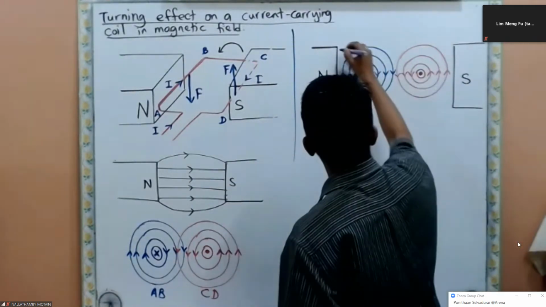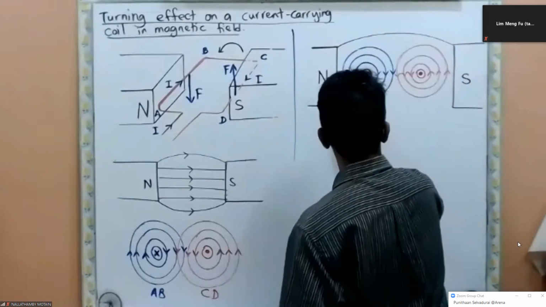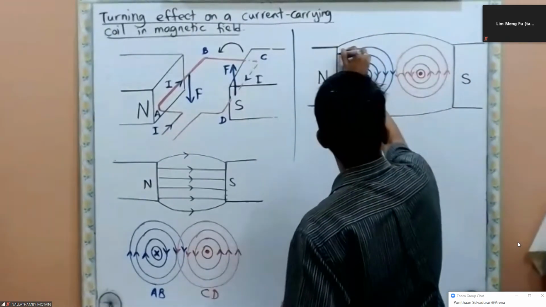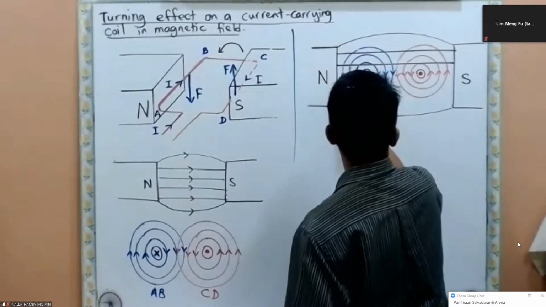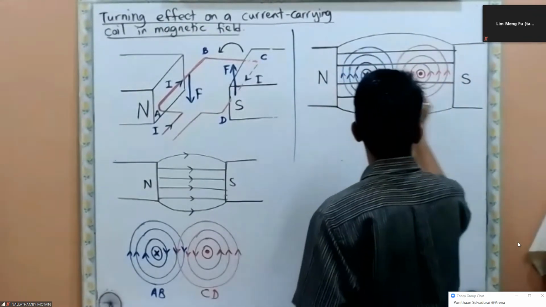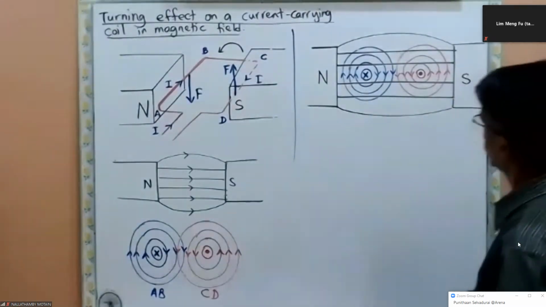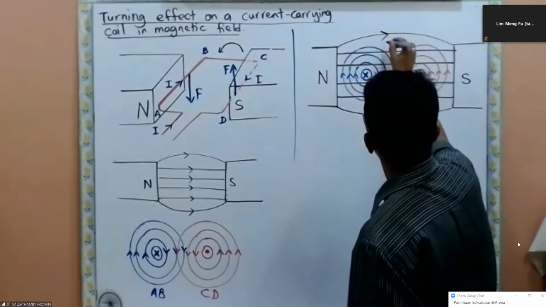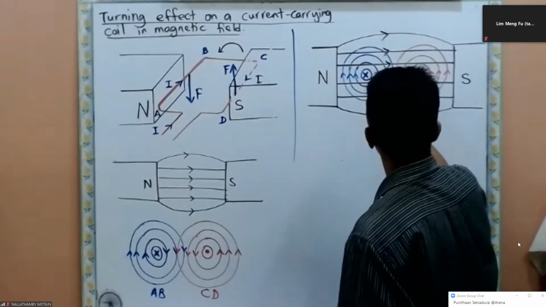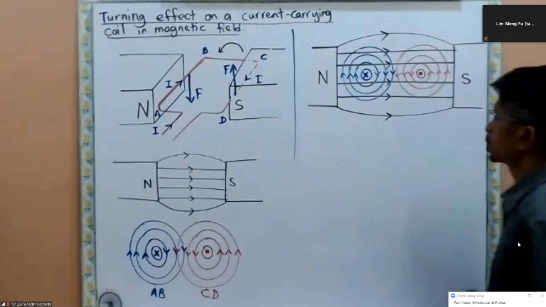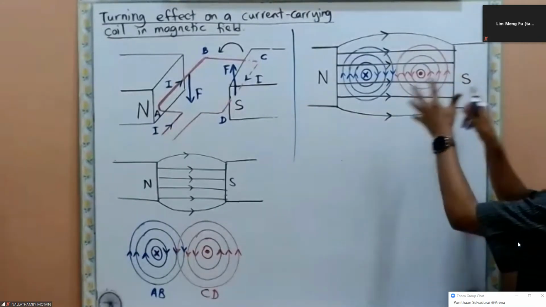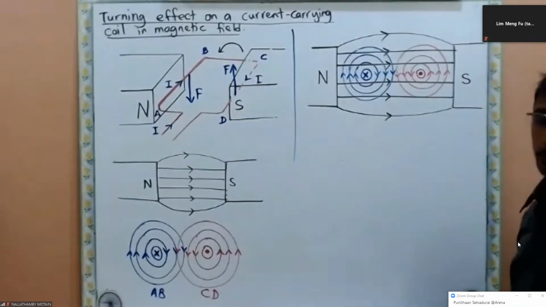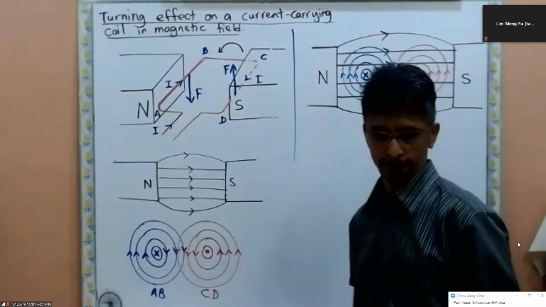And the permanent magnet, the magnetic field will be like this, from north to south. So now when these three magnetic fields combine, it will produce a couple.